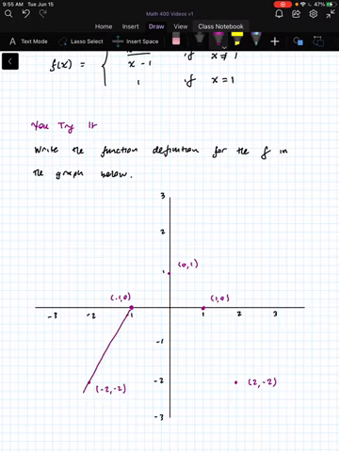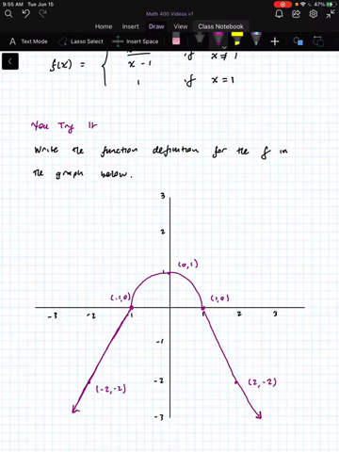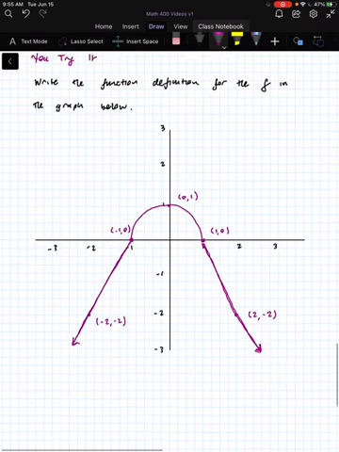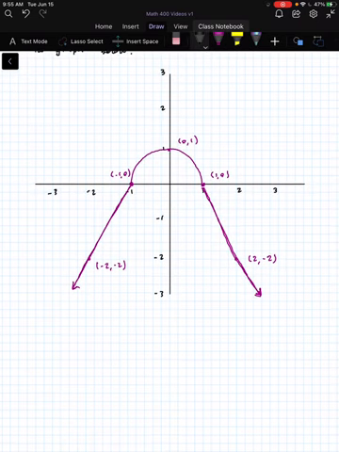So from this part to this part, we're looking at a straight line. From this part to this part, we have a semicircle. Okay. And from this part to this part, we've got a line again. So three distinct parts of the domain.